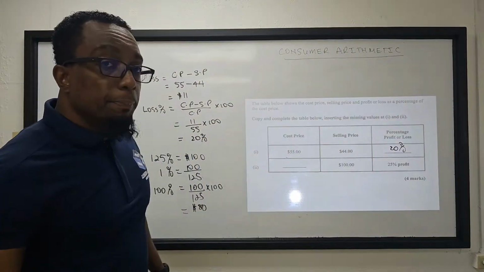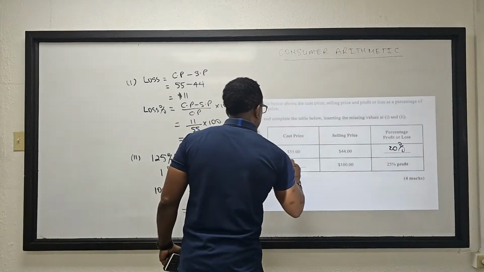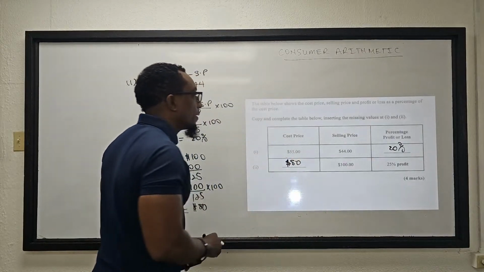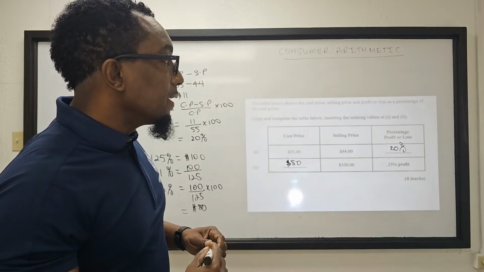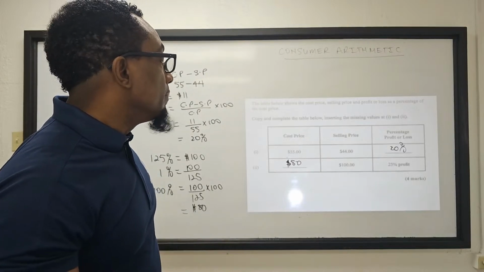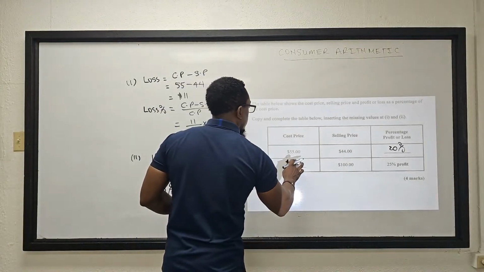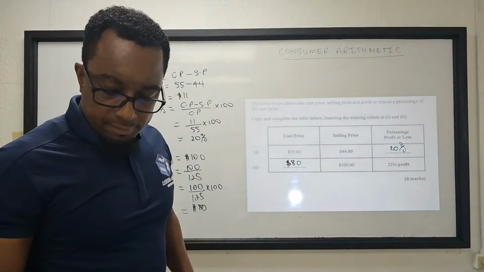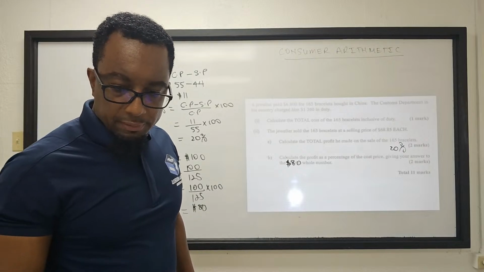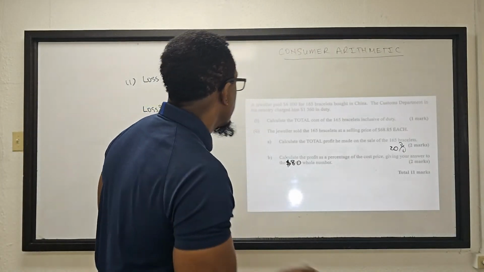So the cost price for a profit of 25% will be $80. Alright? So let's look at another question. So let's look at this one here.